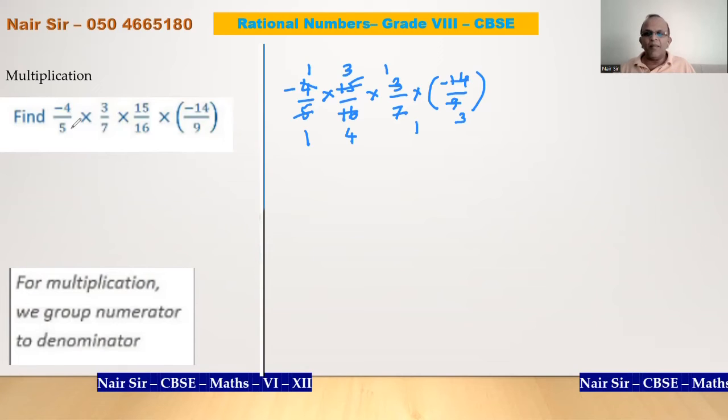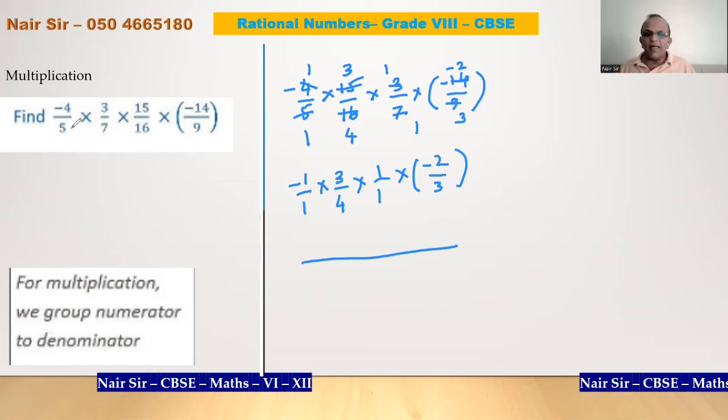Let me rewrite everything down. Minus 1 upon 1 multiplied by 3 upon 4 multiplied by 1 upon 1 multiplied by minus 2 upon 3.